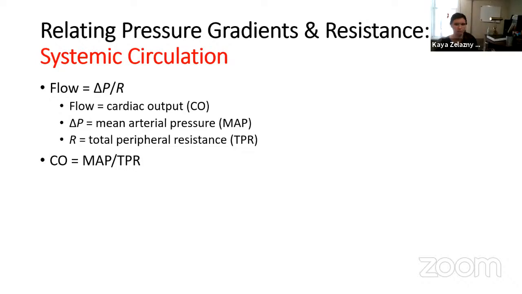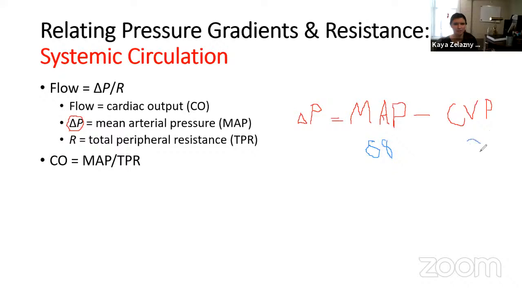So when we say that our delta P is mean arterial pressure, our true delta P would be equal to mean arterial pressure minus our central venous pressure. But in terms of the actual numbers for this, right, mean arterial pressure is going to be something like, I don't know, like 88.